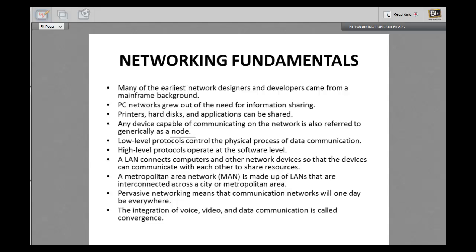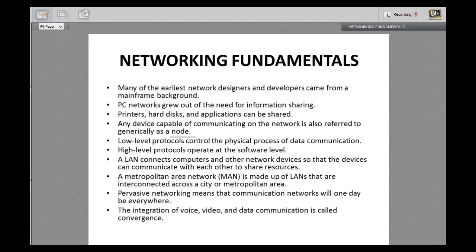There are low-level protocols which you can find working at the level of the NIC and also around it, in the telecommunication processors. Those are also considered low-level devices, or low-level protocols can work in them.